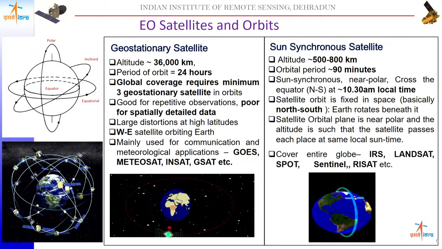And in case of the sun synchronous satellites, which maintain a similar kind of reflectance or imaging characteristics throughout the year, they are more popular for earth observation. For example, our Resourcesat or the Landsat or Sentinel series of satellites work in the sun synchronous orbit, and they will revisit a particular area either once every 5 days or 20 days.